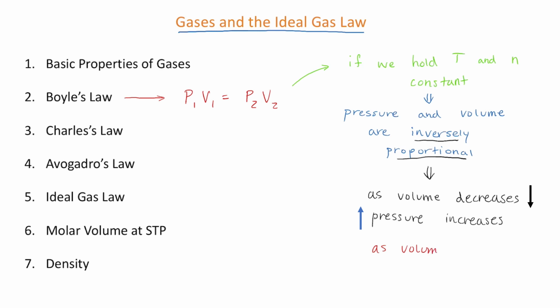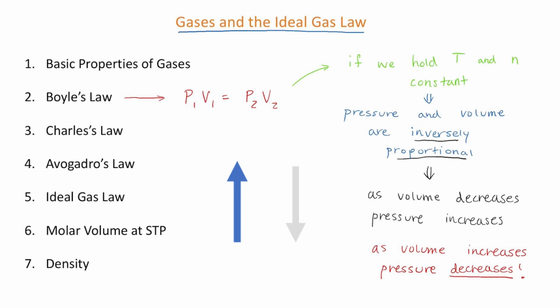On the other hand, if the volume increases, what's going to happen to the pressure? Well, the pressure is going to decrease because pressure and volume are inversely proportional. So when one of them increases, the other decreases.